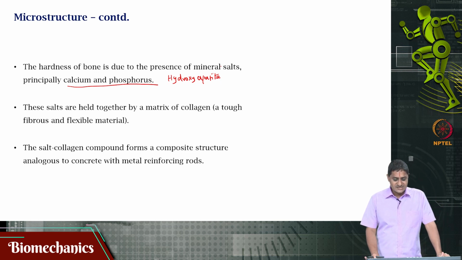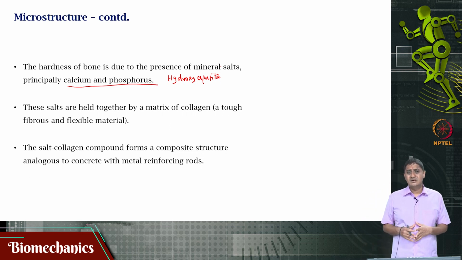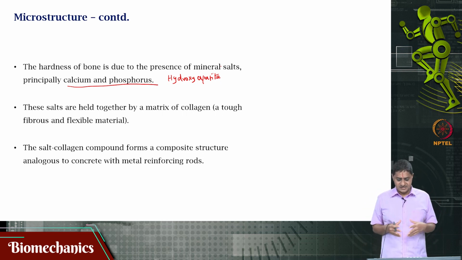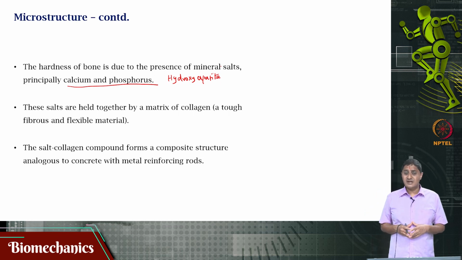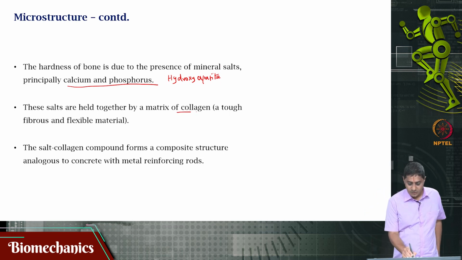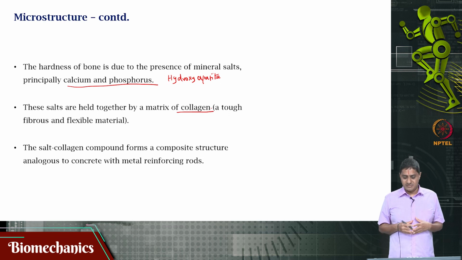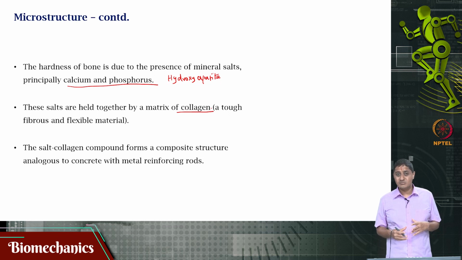Right? These inorganic materials are held together by an organic matrix, by an organic material called collagen, a matrix of collagen, which is a tough, fibrous but flexible material. Right? So, bone has both inorganic and organic material, both hydroxyapatite and collagen.